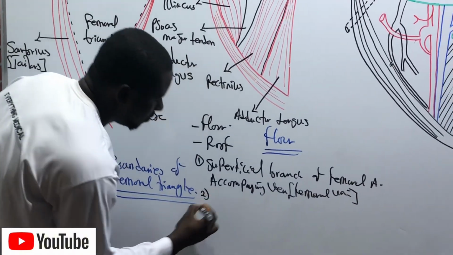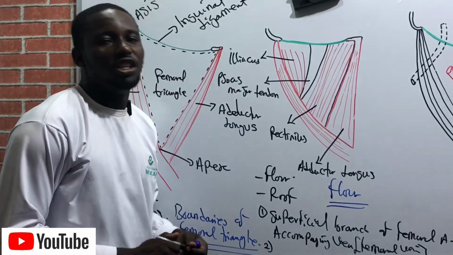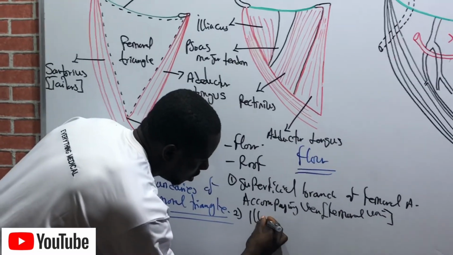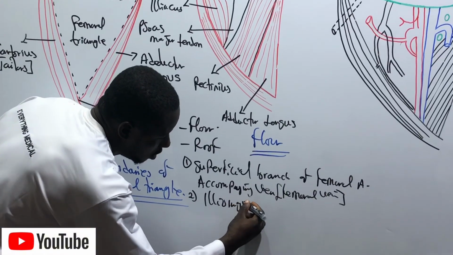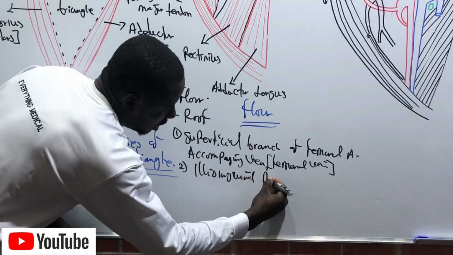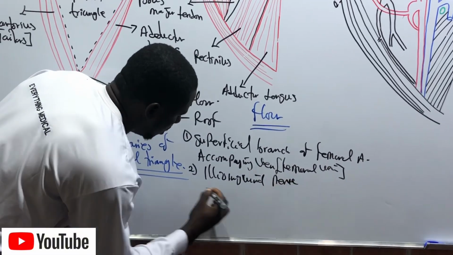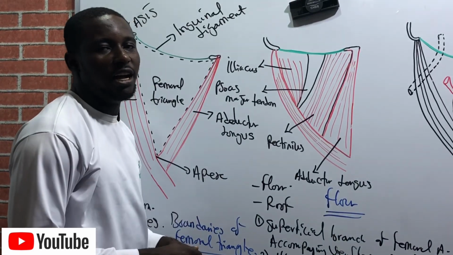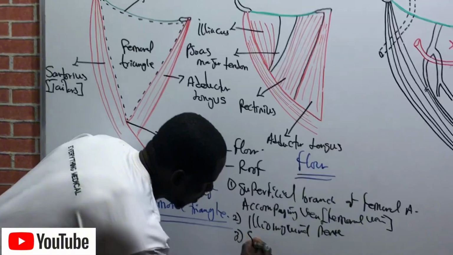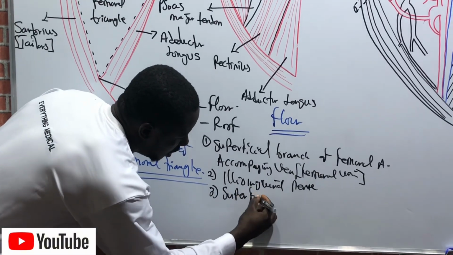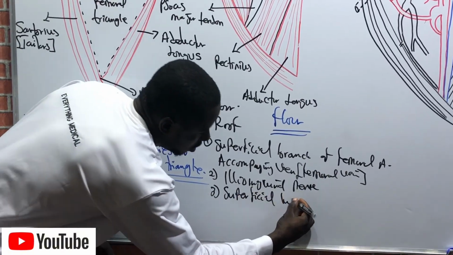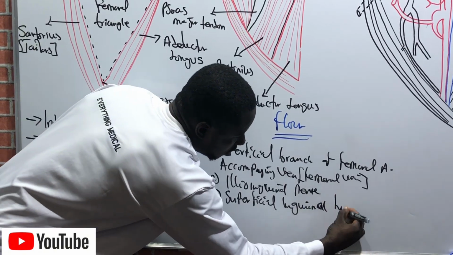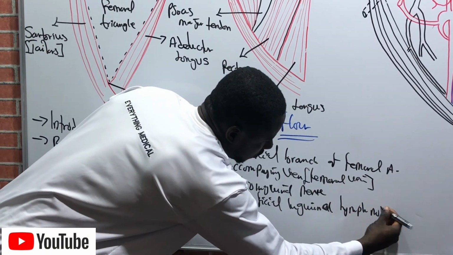The next thing that is found on the roof is what we call the ilioinguinal nerve. The next one is the superficial inguinal lymph node.